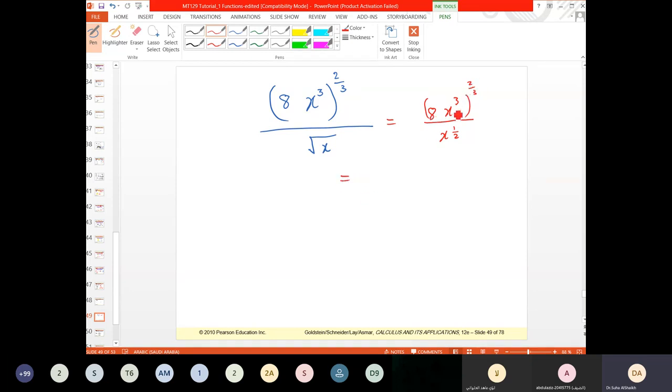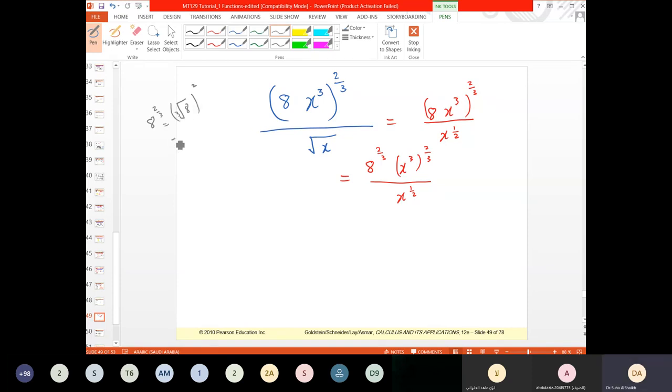I have 8 and x^3, so this will be 8 to the power 2/3 times (x^3) all to the power 2/3, divided by x to the power half. Now 8 to the power 2/3 means the third root of 8 all to the power 2.